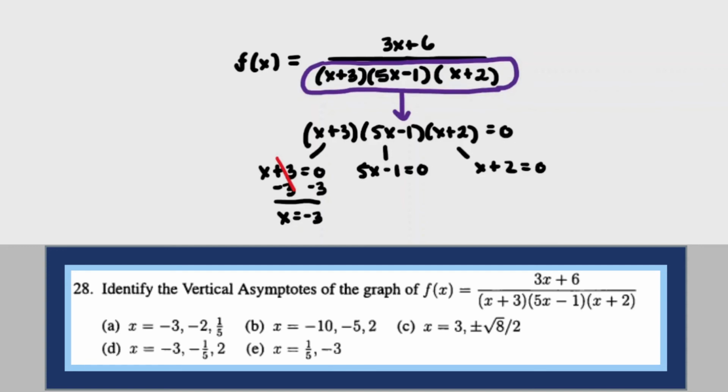For 5x minus 1 equal to 0, we're just going to add 1. The 1's will cancel out, and we'll be left with 5x equal to positive 1, and then we're going to divide by 5 on both sides.